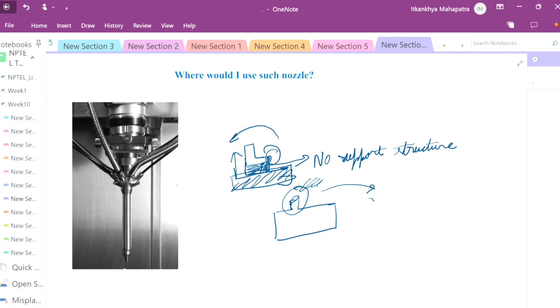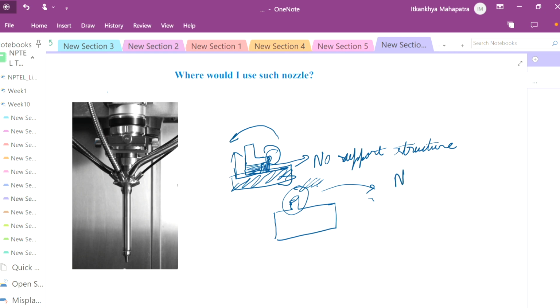But if we are rotating and our nozzle size is like this, what is the problem? There is a possibility that the nozzle tries to strike the already deposited material. So that is why in this case we are using such a type of nozzle.